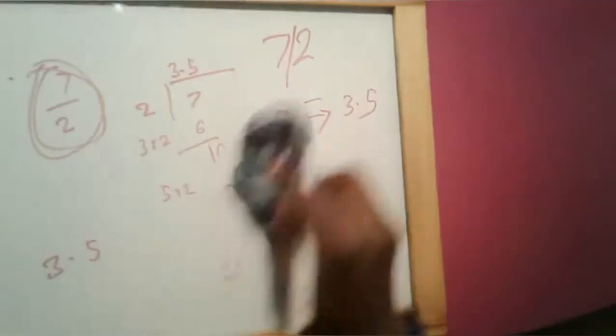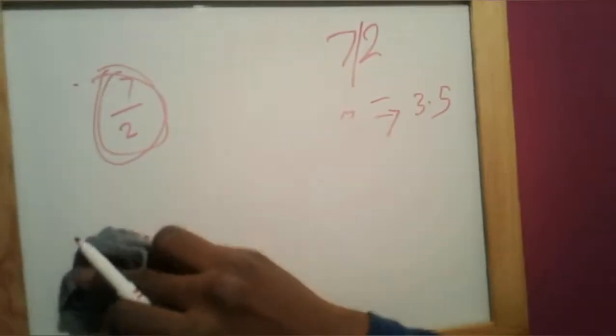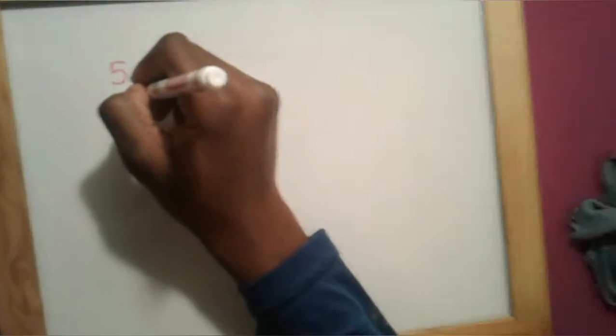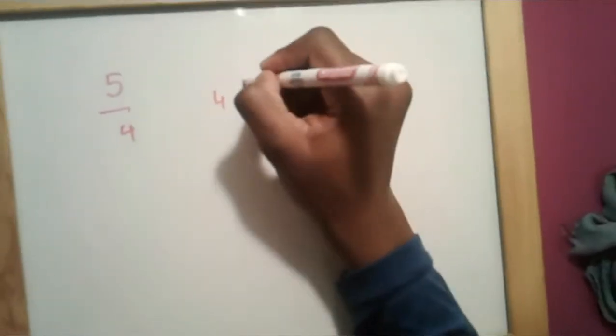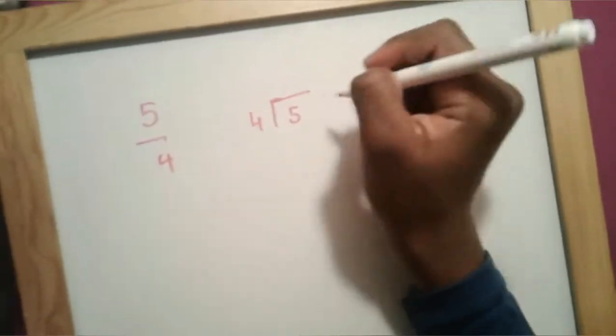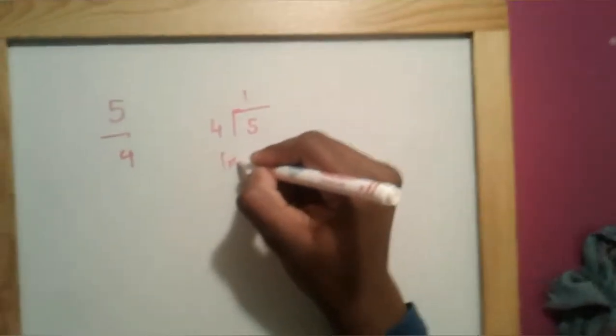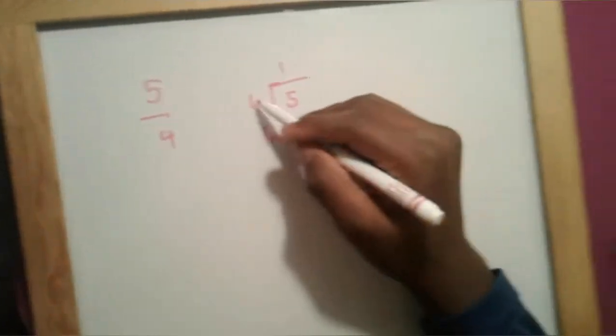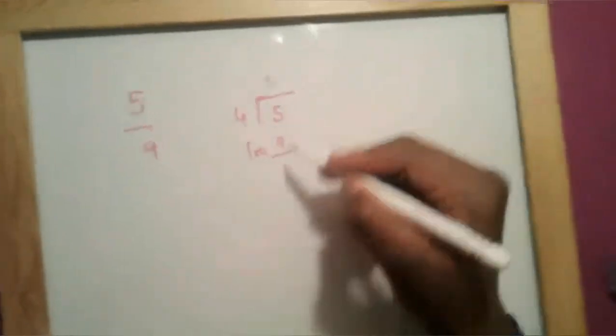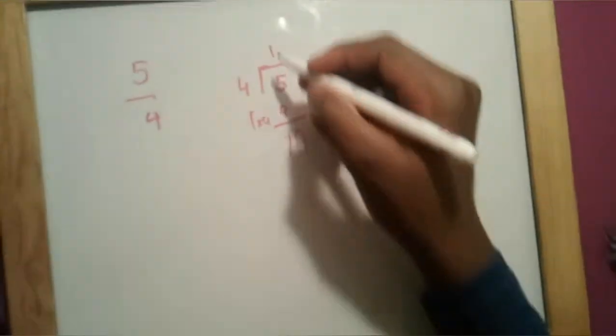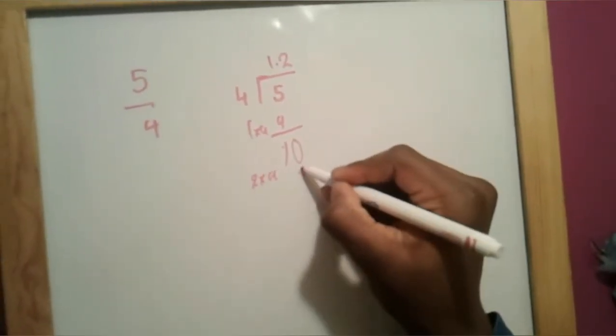So the first one was difficult because it had repeating numbers, those 6s repeated. So I had to do this one because it was easier. If it's 5 over 4, 1 times 4 is 4, and then 1. You put a decimal point and then a 0. How many 4s are in 10? 2, so 2 times 4 is 8, and then 2.